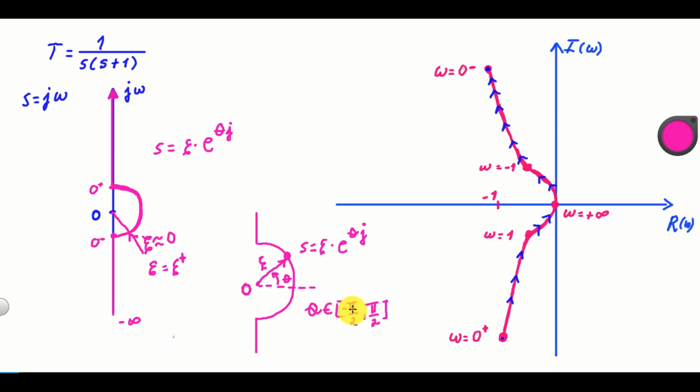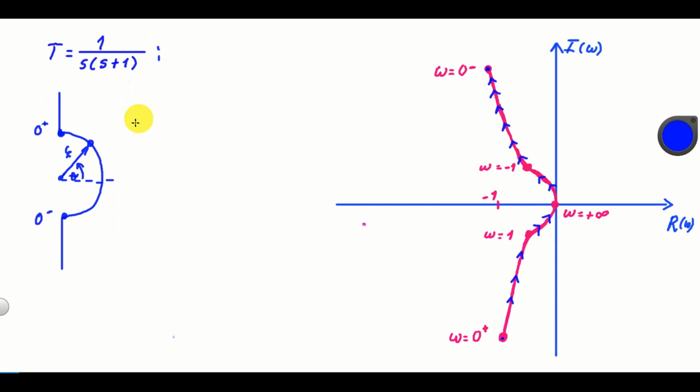The point minus pi over 2 is given over here. That is, here theta is equal to minus pi over 2. And this is precisely the point 0 minus. Over here, theta is equal to pi over 2, and that's precisely the point 0 plus.